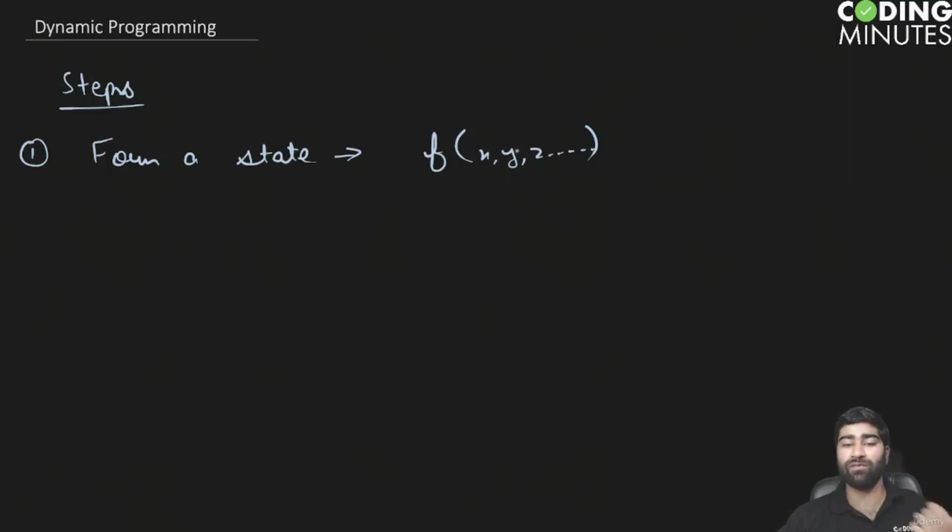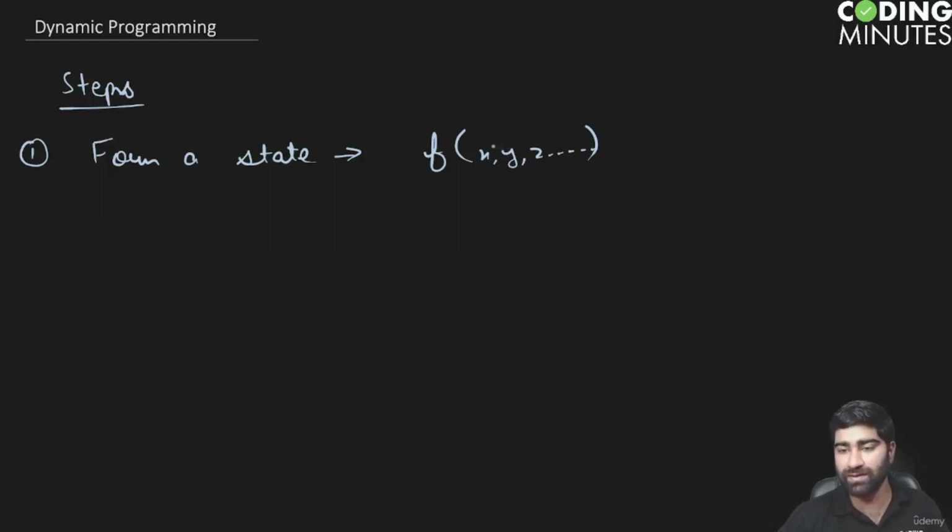If it is f of x only, that means it's a one dimensional dp because only one variable is there. If it is f of x comma y, then it's a 2D dp, because there are two variable states. If it's f of x comma y comma z, and all x, y, and z are independent variables, they do not depend on each other, then it's a 3D dp and so on. So we can have multi-dimensional dps.